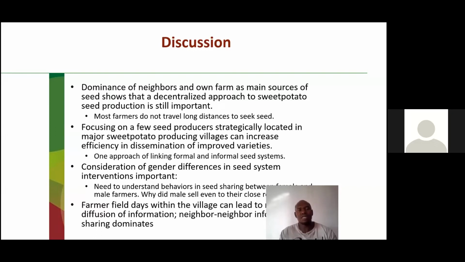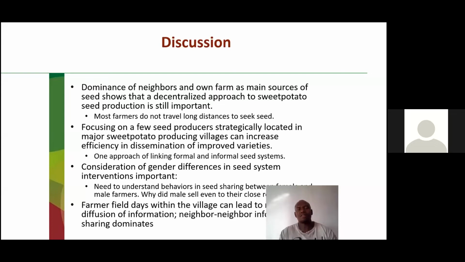We also need to consider gender differences in interventions. Therefore, we need to understand behaviors in seed sharing between male and female farmers. For instance, you can ask, why did men sell even to close relations, whereas there was more gifting among women? And even when getting seed from seed producers, there was quite a high number of gifts.